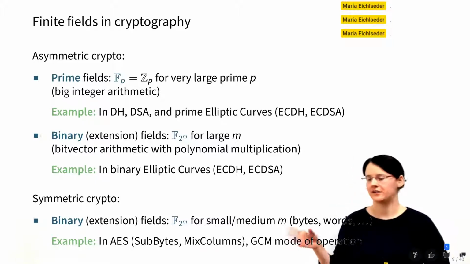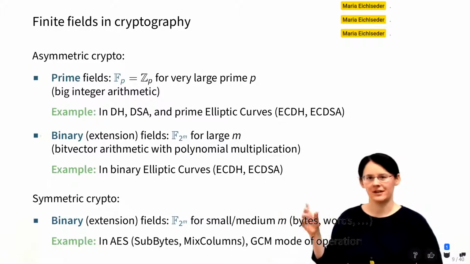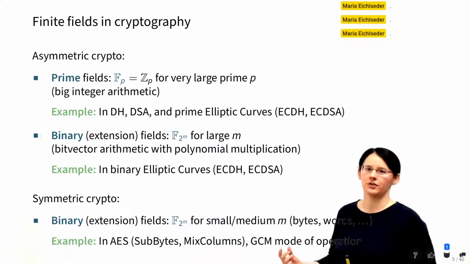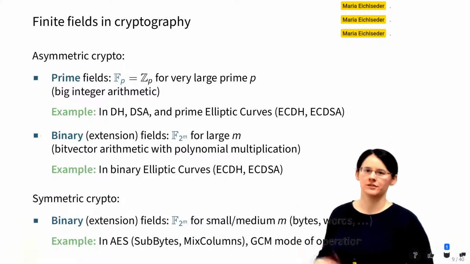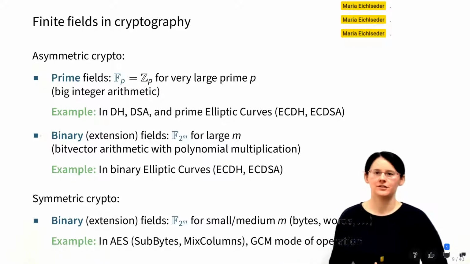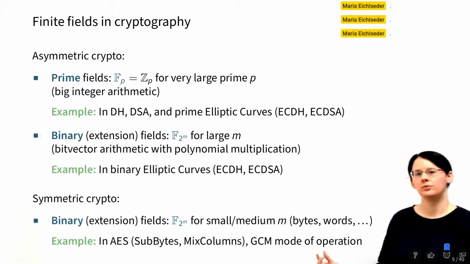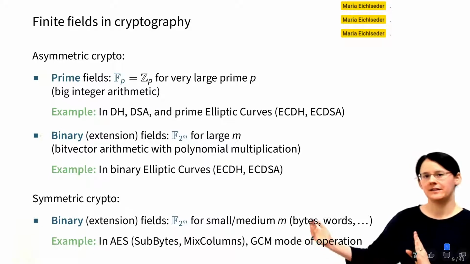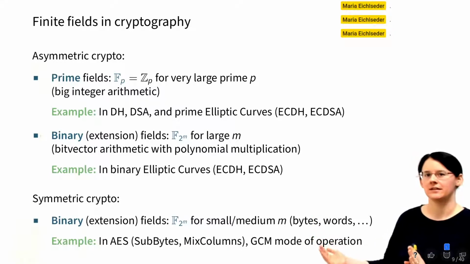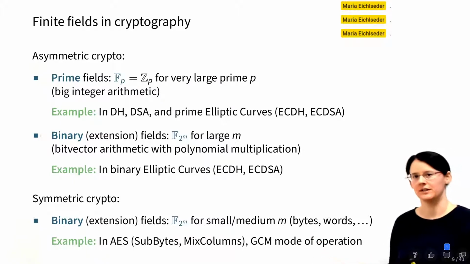There we had this figure with some circled pluses, which are XORs, and some circled times symbols, which are multiplications in a finite field with 2 to the 128 elements, where each 128-bit block is interpreted as one field element, again with some specified modulus, which is written down in the standard.